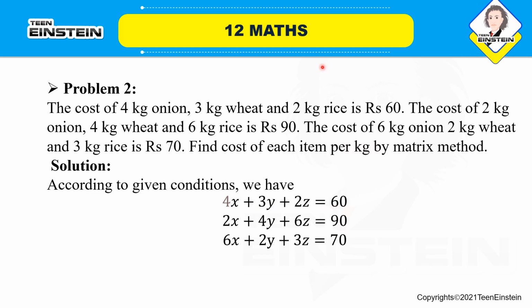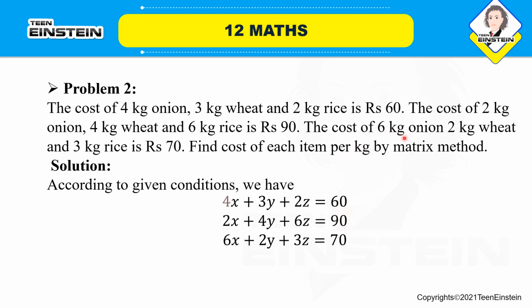Like that, the cost of 2 kg onion is represented as 2x. Next, 4 kg wheat means plus 4y, plus 6 kg rice, so plus 6z. The total amount is 90 rupees.